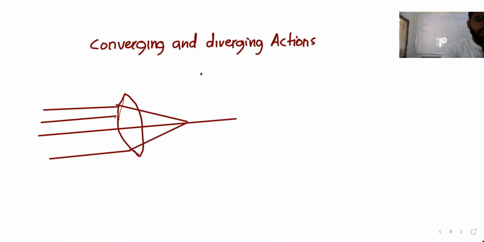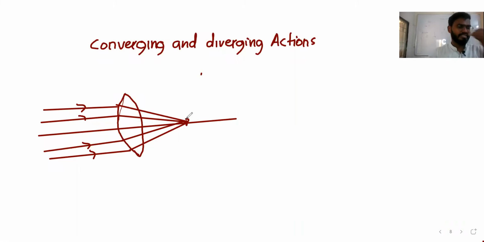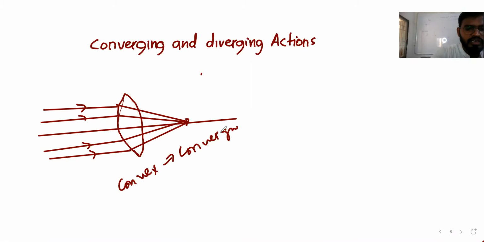Even for a mirror, it is the same. So the rays are parallel, and they will meet somewhere there. So this is convex, so converging action.